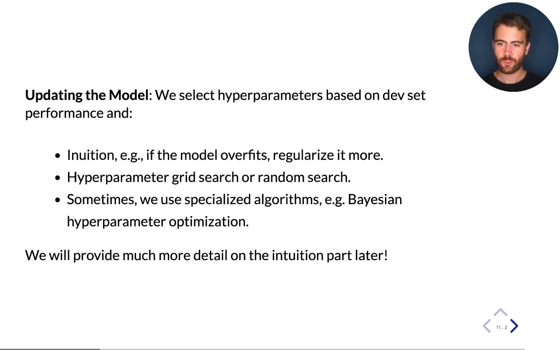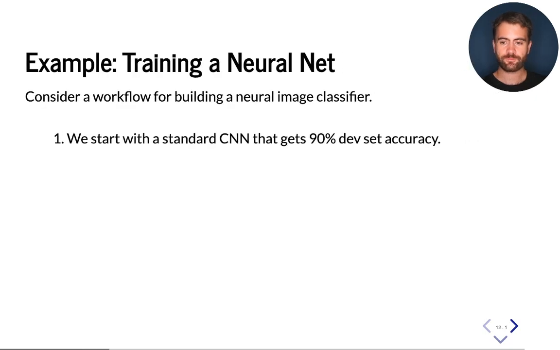For example, if we notice that the model is overfitting, then we know we need to regularize it more, so that will inform the kinds of new ideas that we try at the next iteration. Or we could follow a systematic approach where we perform some kind of grid search, and there are even more specialized algorithms, from fields with names like Bayesian optimization, that can be used for this procedure. We're going to provide a lot more intuition on this later.